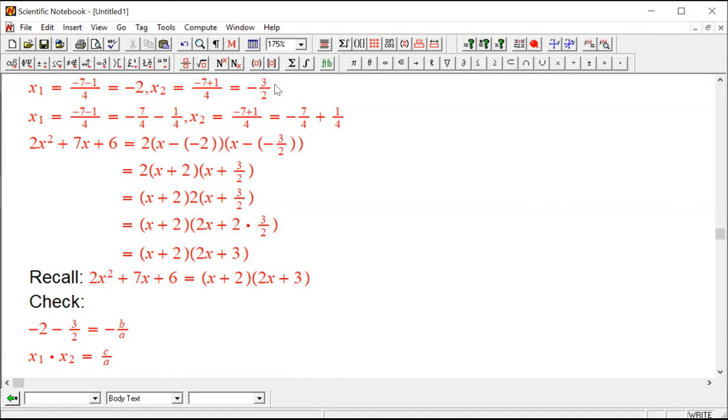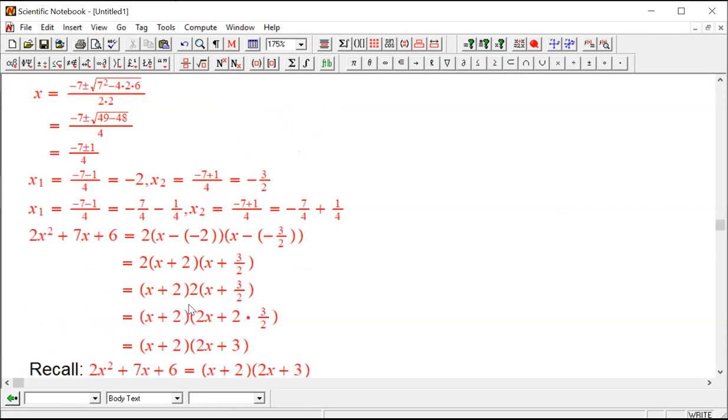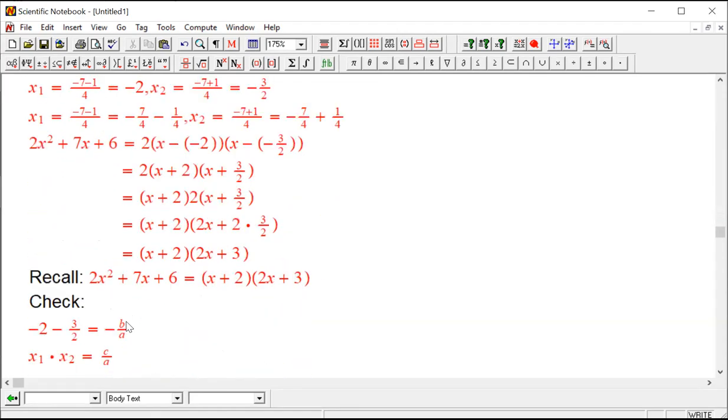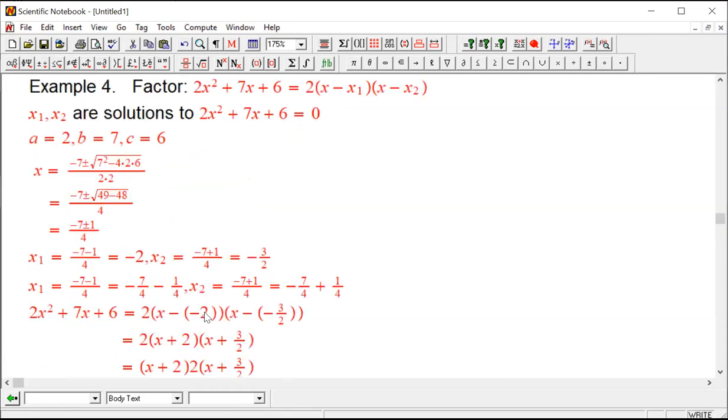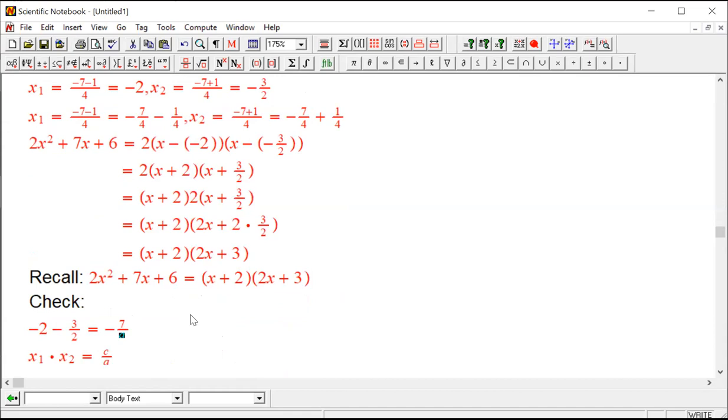Negative 2 minus 3 over 2, negative b, b is 7, A is 2. Is that true? Yeah, that's true, because this will be negative 4 over 2 minus 3 over 2, that's negative 7 over 2. It works. Okay, x1 is negative 2. X2 is negative 3 over 2.